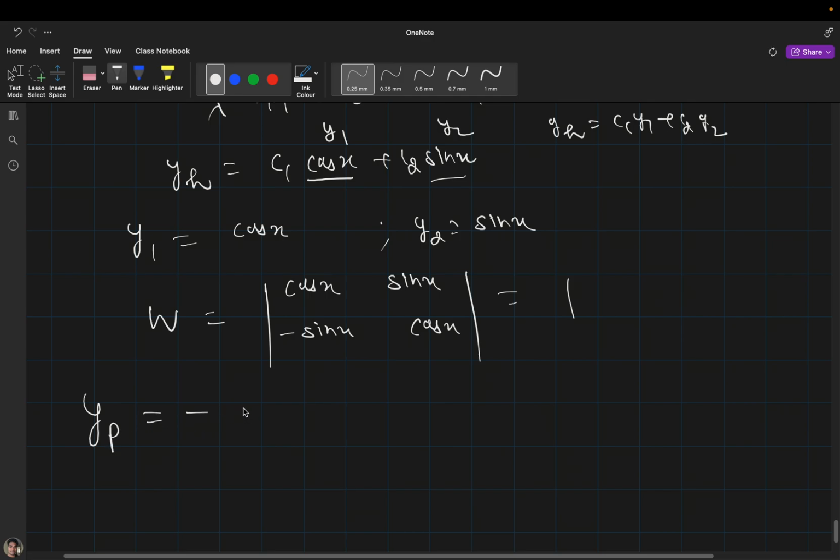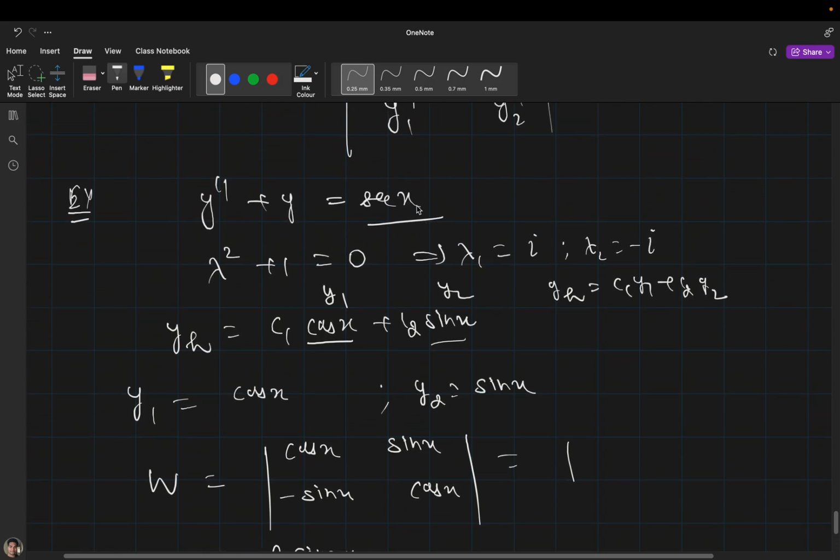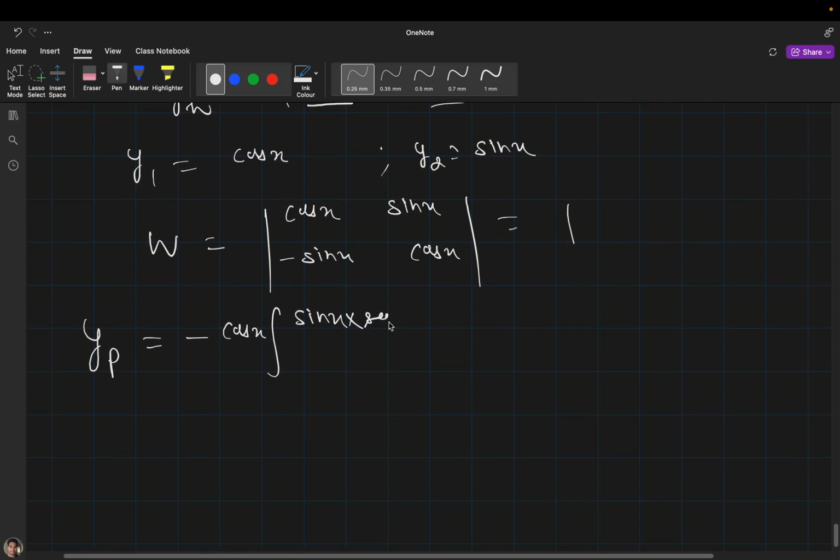That will be minus y1, which is cos x, integral of y2, that is sin x, into r(x). In this case r(x) is sec x, divided by the Wronskian, that is 1, dx, plus y2, that is sin x, multiplied by y1, that is cos x, into r(x), that is sec x, divided by 1.